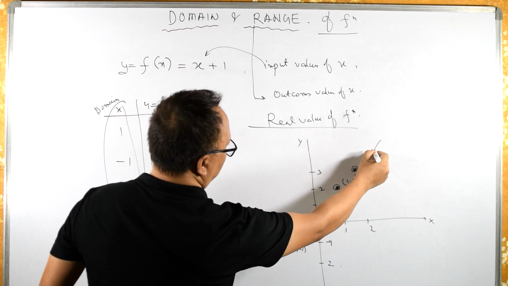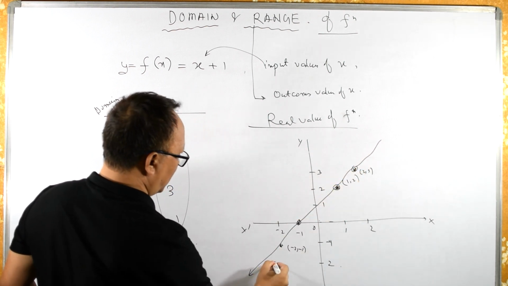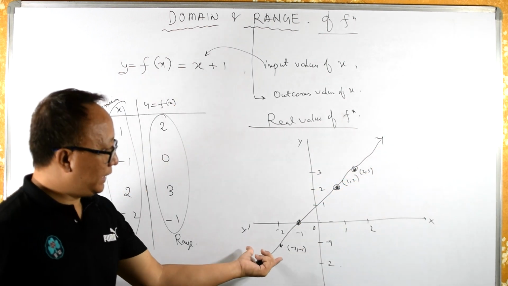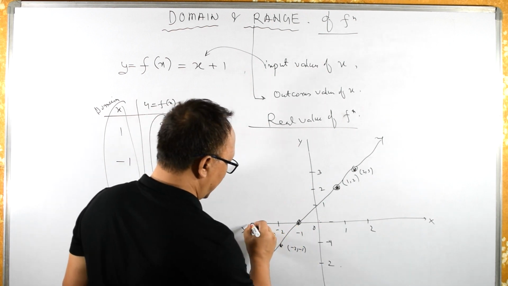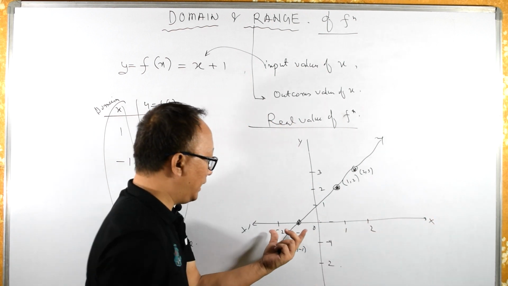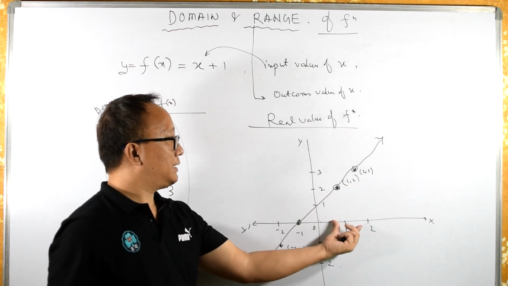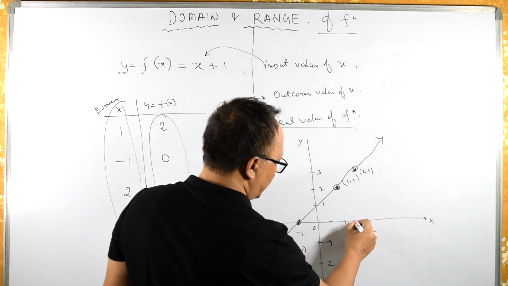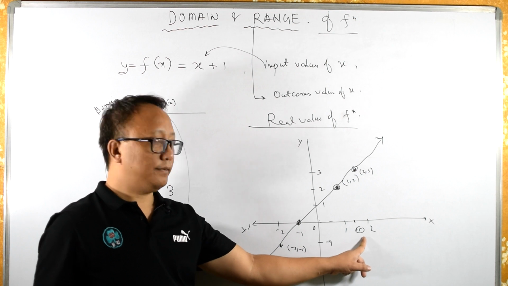Now let's join these. Now this becomes a straight line. Okay. So there is no gap over here. For every value of x, you are getting its image or its output. For example, see, 1.5 is over here.